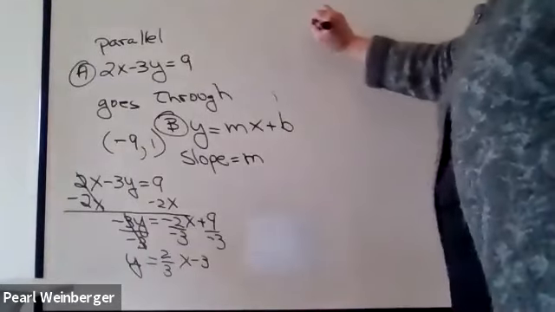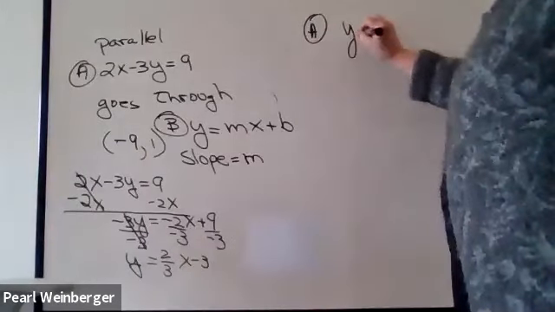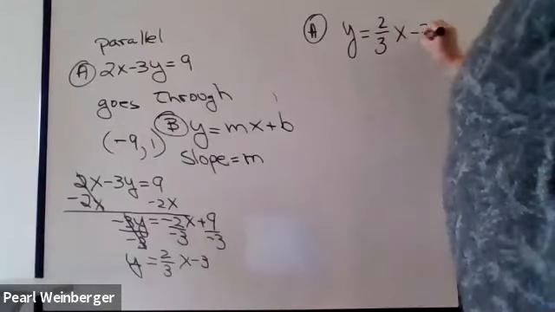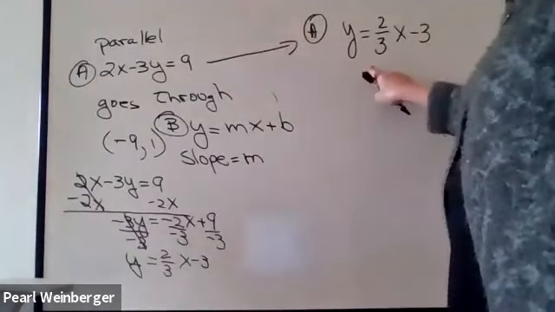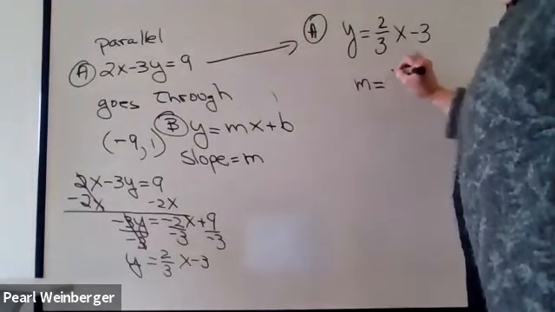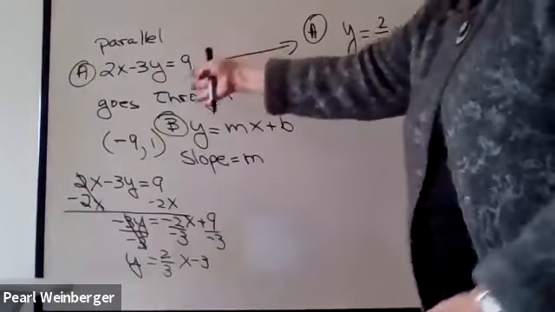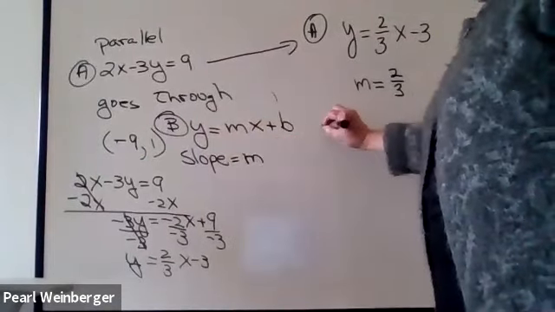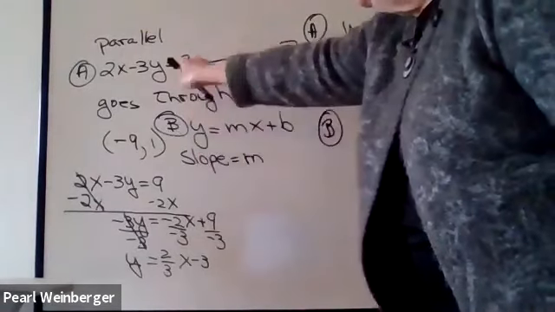We've gotten that our line A is y equals 2/3 x minus 3. That's this line put in slope-intercept form, which means that the slope of this line is 2/3. The slope of my original line is 2/3, but my new line, here's my line B, has to be parallel to this line.